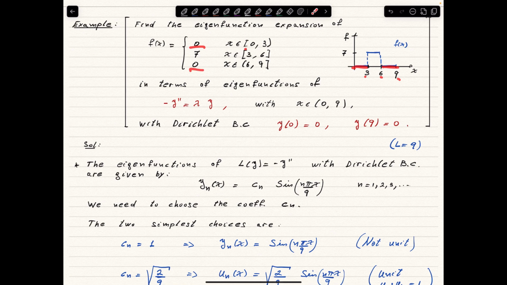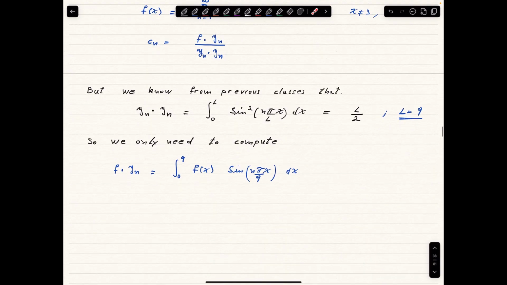So the only part of the integral that is different from 0 is between 3 and 6. That's the only part of the integral that survives, and in that interval the function takes value 7. So this is the same as the integral from 3 to 6 of 7 times sine of n pi x over 9 dx.